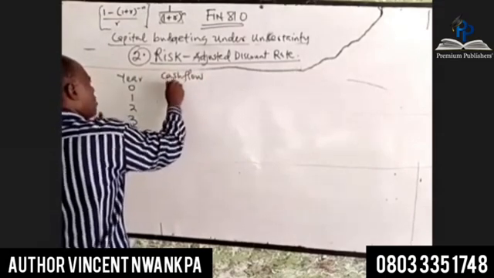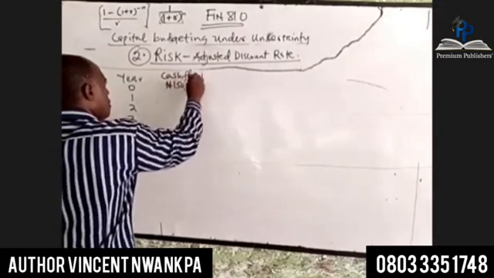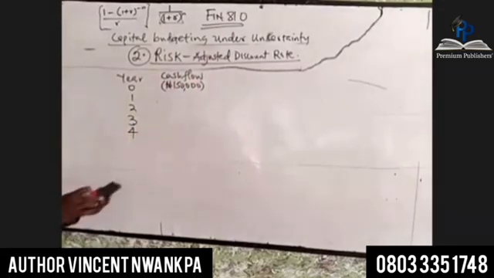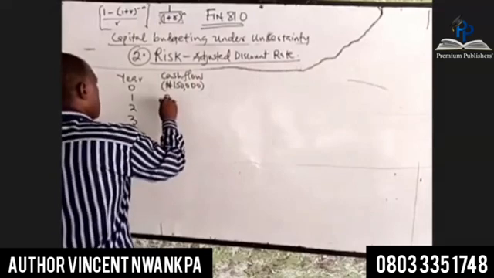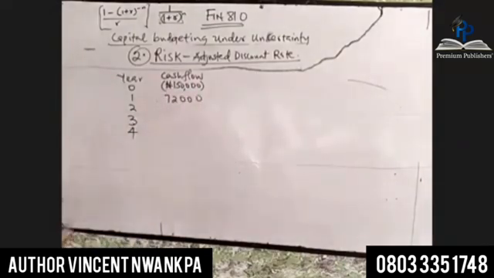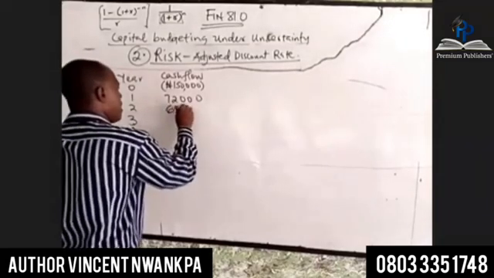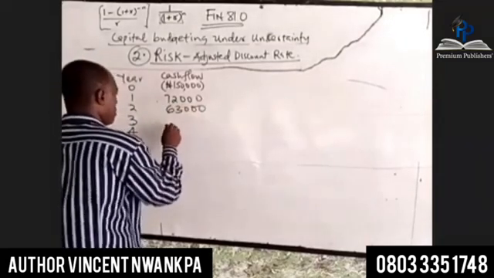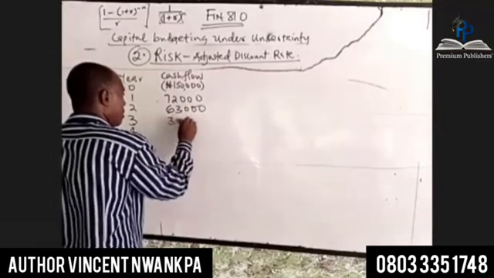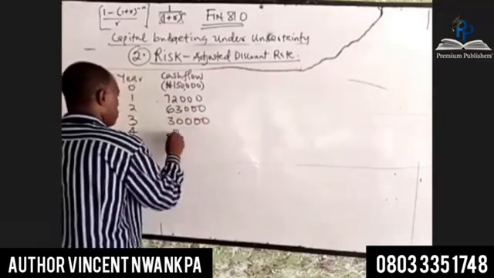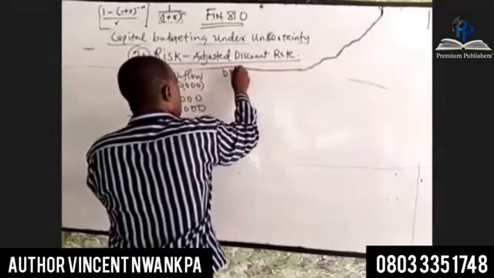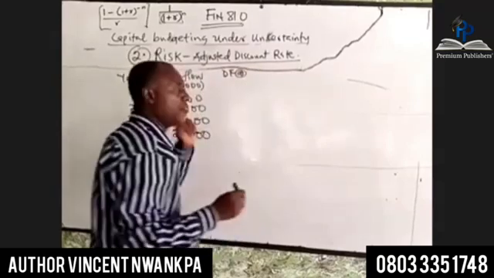Year 0 is 150,000, year 1 is 72,000, year 2 is 63,000, year 3 is 30,000, and year 4 is 27,000.